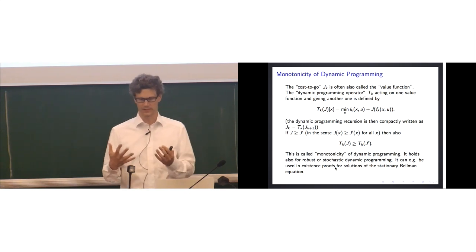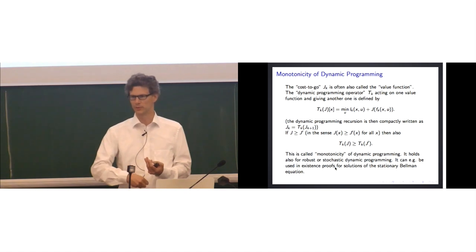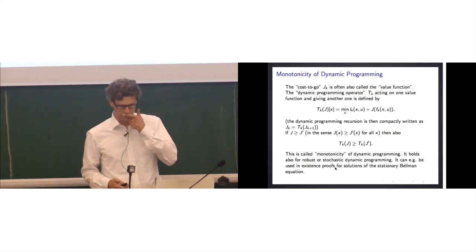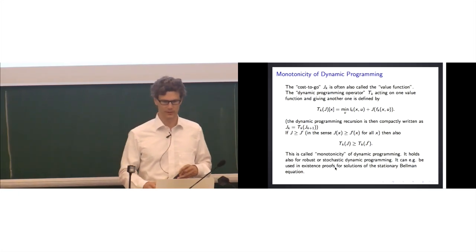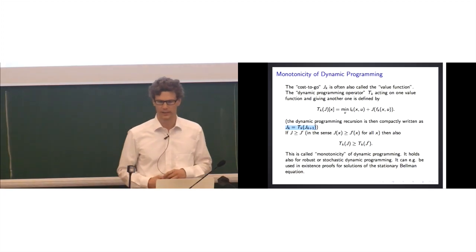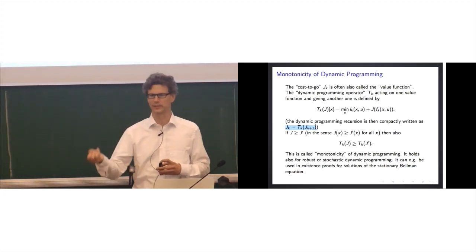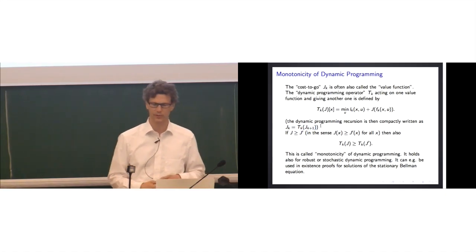And this whole step, what you do with one J, which gives you another J, you call T_k, because the functions might depend on time. So this normal dynamic programming recursion, you could just write in this simple equation form, where you take the future cost to go, you apply the dynamic programming operator, and you get the present cost to go. It's a very compact way, and this is of course a nonlinear operator.